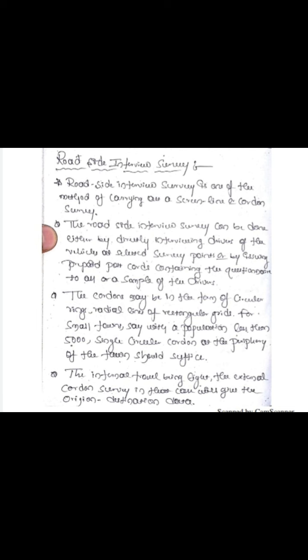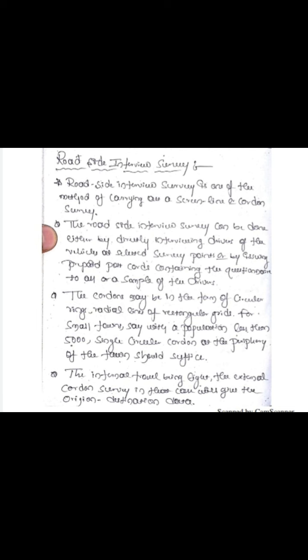For a smaller town, with a population lesser than 50,000, 5,000 or 1 lakh, the number of cardinal lines is laid out on the periphery. So the interviews will be carried out on the peripheral or cardinal lines of the town.